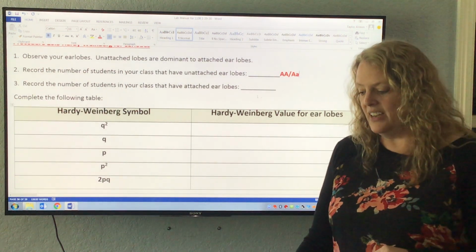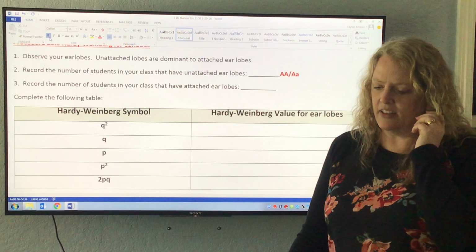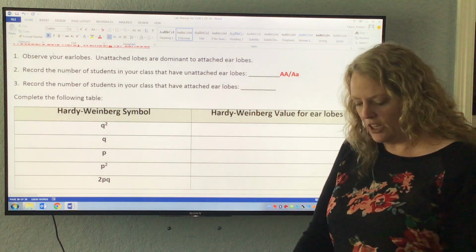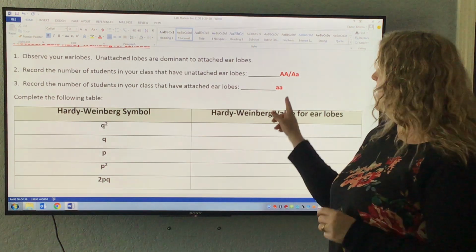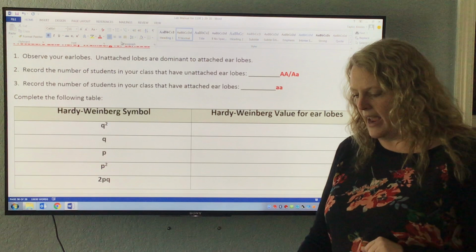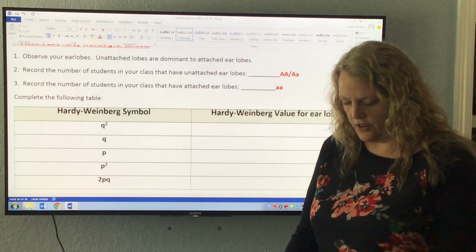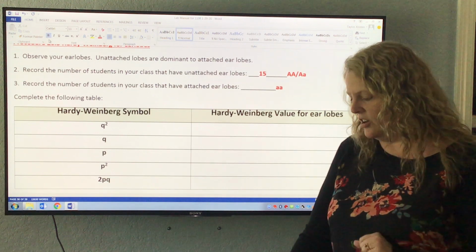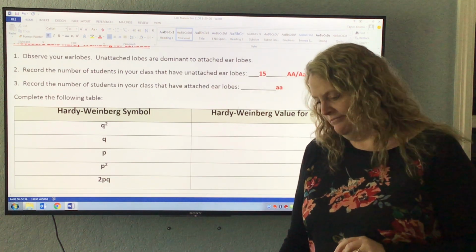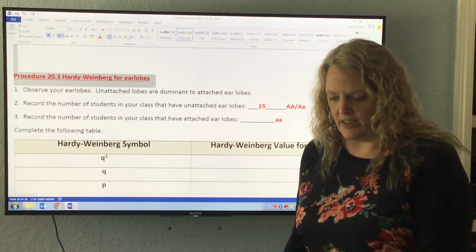The ones that have attached earlobe, and remember when we talked about in genetics, your whole earlobe is attached to the side of your head. And the only way to have that is you have to be homozygous recessive. So we'll go around the room and we would count, and we counted, let's say there were 15 of y'all that had the unattached earlobes, and 5 that have the attached earlobes.